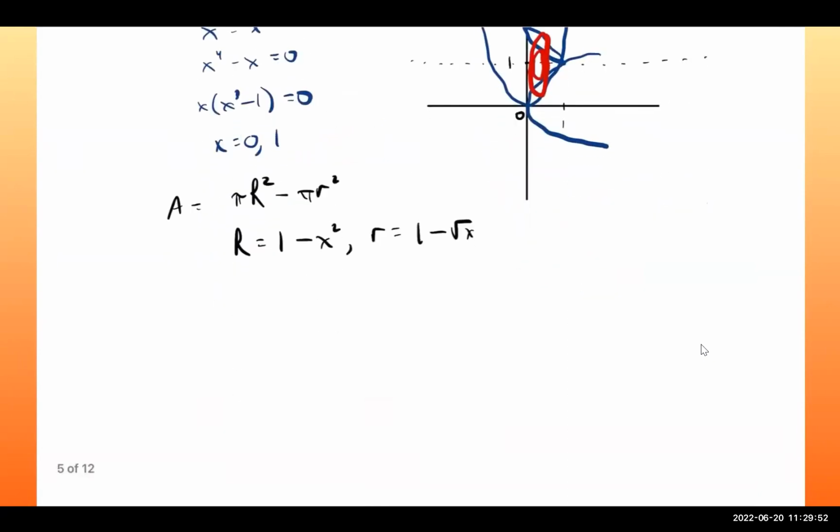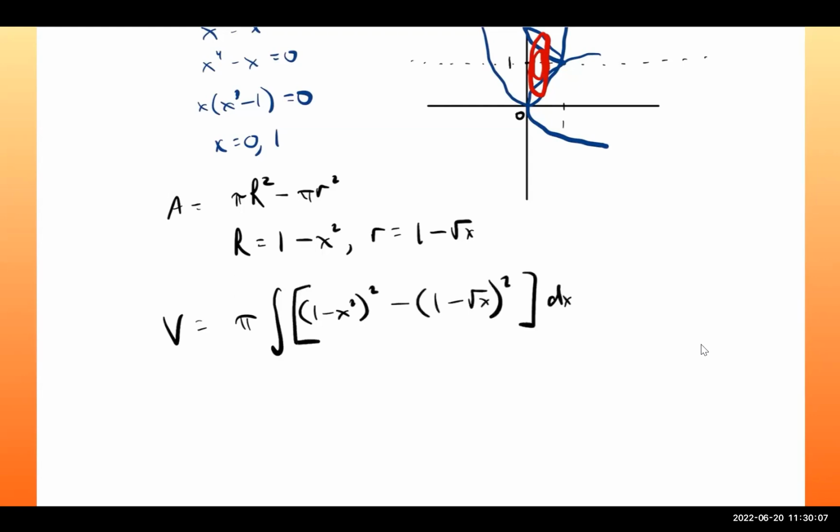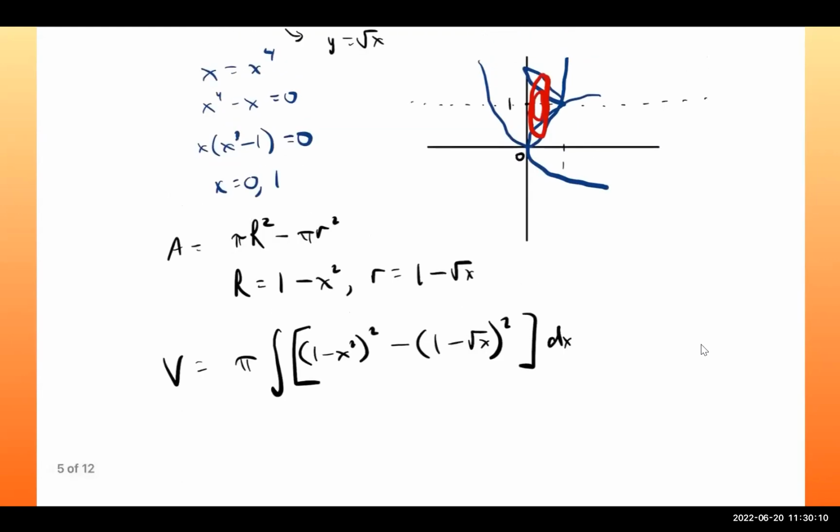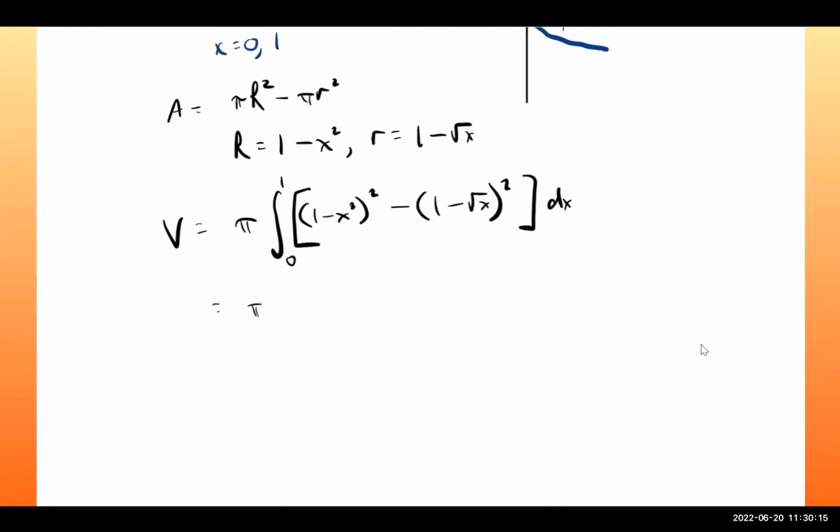All right, and now for our integral, our volume is going to be pi. I'm going to move the constant out to the front. Big R squared minus little r squared, all with respect to x. And our limits of integration would be from 0 to 1. After you do a little algebra here, you're going to get 1 minus 2x squared plus x to the 4th, minus 1 minus 2 radical x plus x.